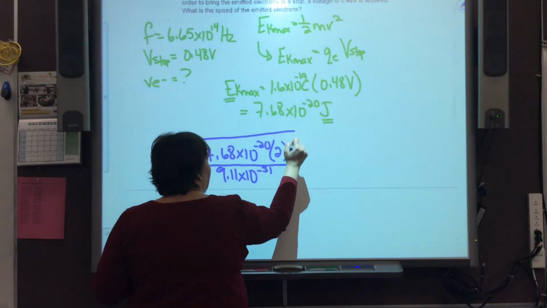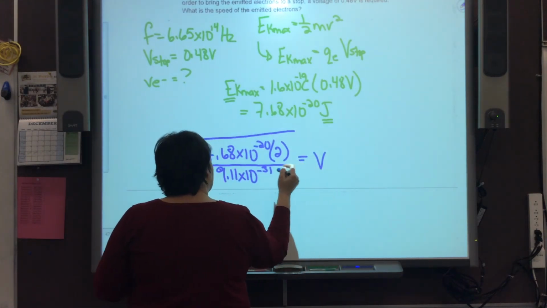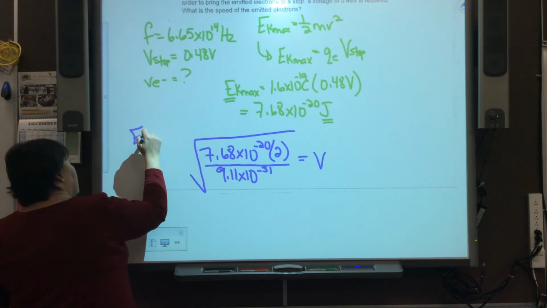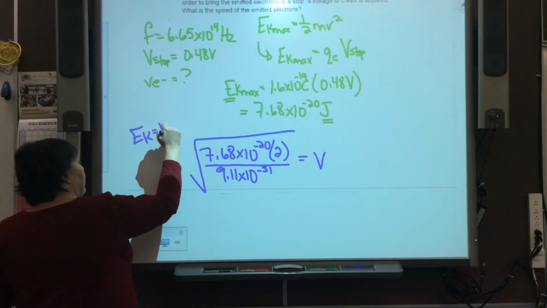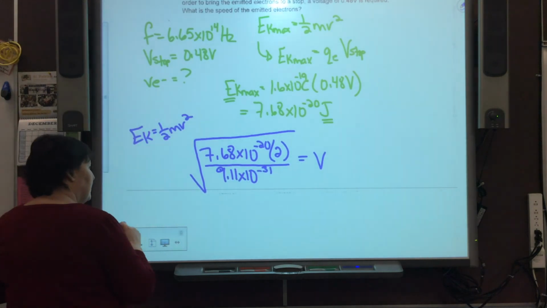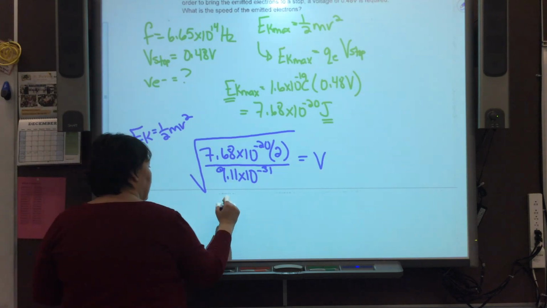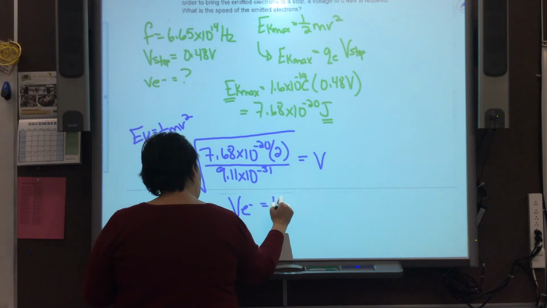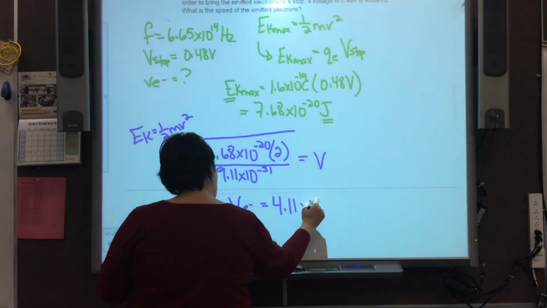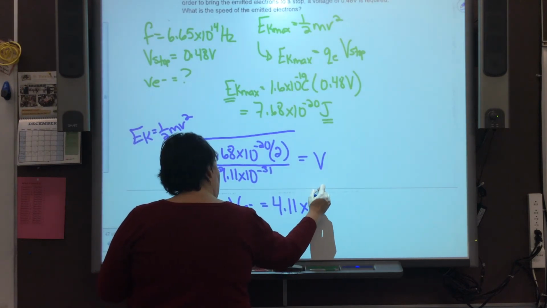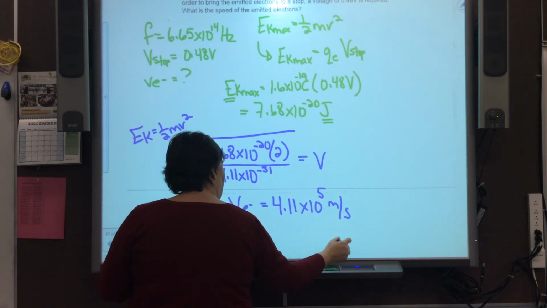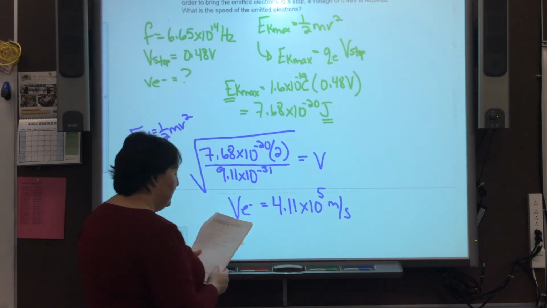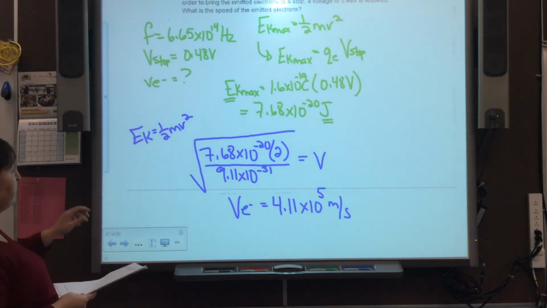We take the square root of that to get velocity. So EK equals 1/2 mv squared was our original formula. The velocity of the electron is 4.11 times 10 to the 5 meters per second.